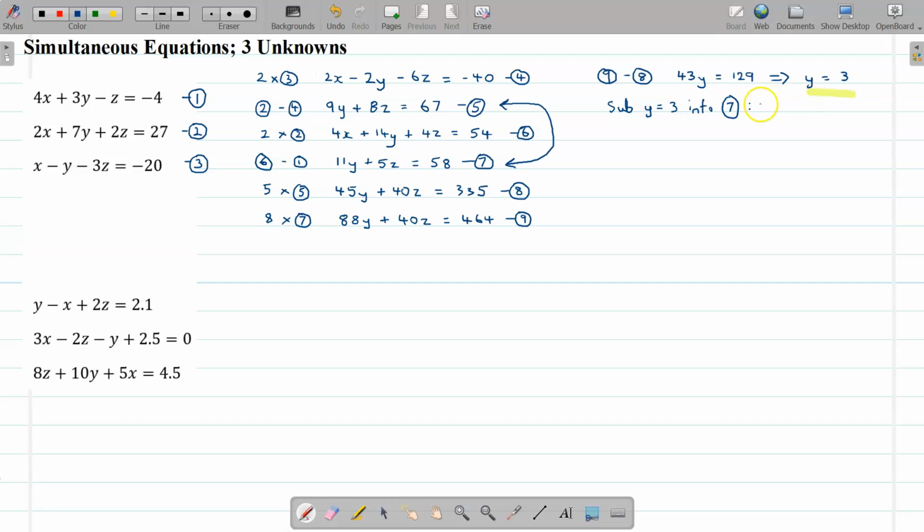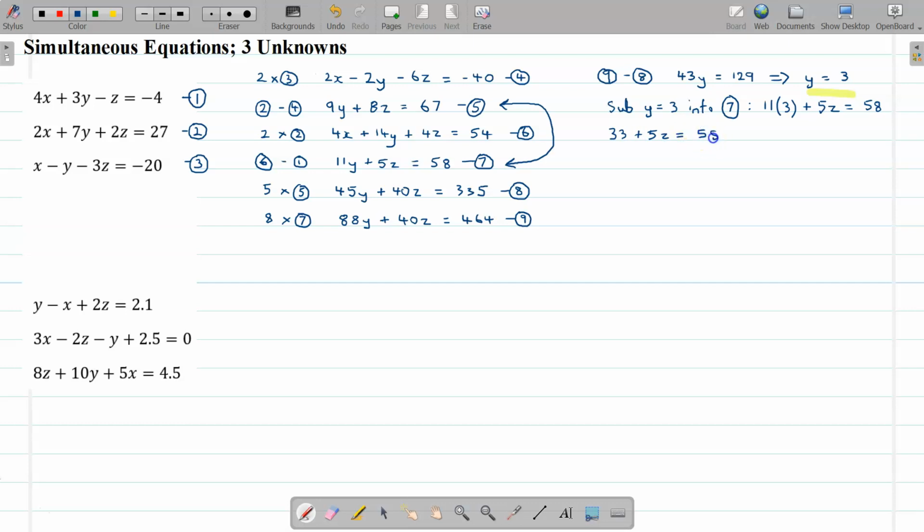It's going to give me 11 times 3 plus 5z equals 58. So if I work on that, that's 33 plus 5z equals 58.